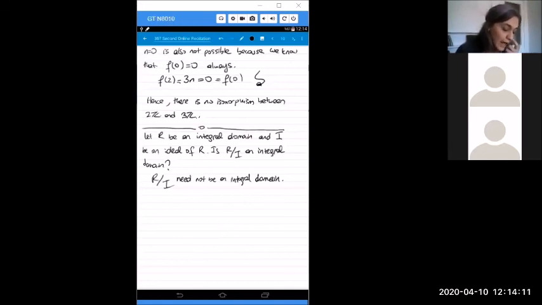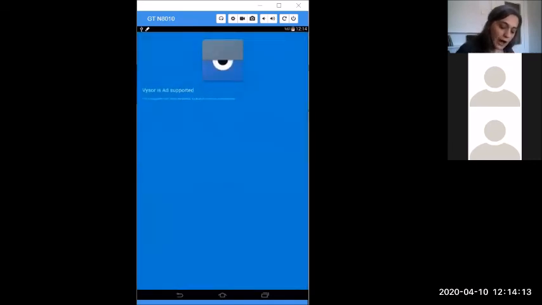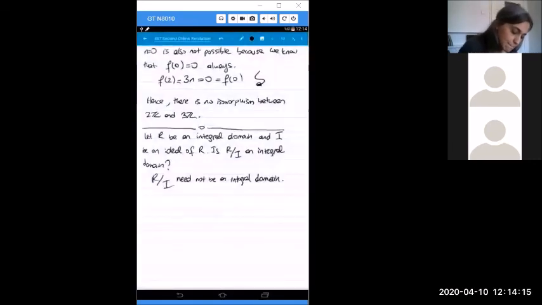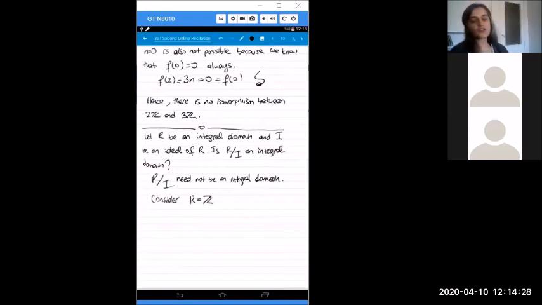Now let us consider our ring R as the simplest ring that we can imagine, the ring of integers.